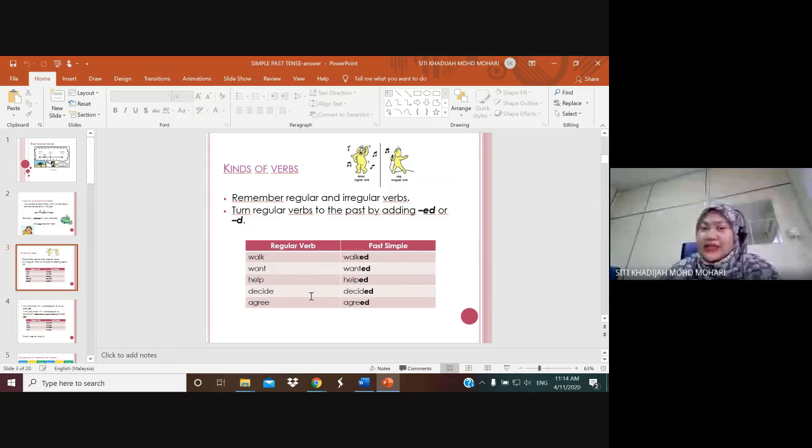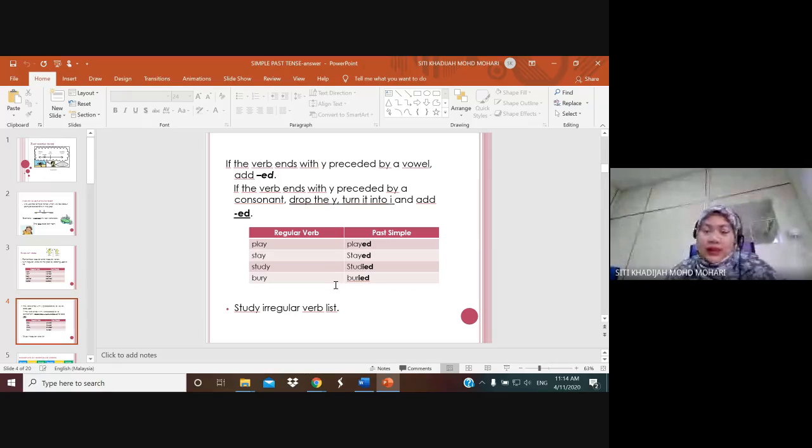Decide, decided. Agree, agreed. So how do you differentiate whether the sound is very distinct or not? It's just by reading and listening to other people talking. So you have to practice a lot more, reading as well as listening to scripts or other people talking.